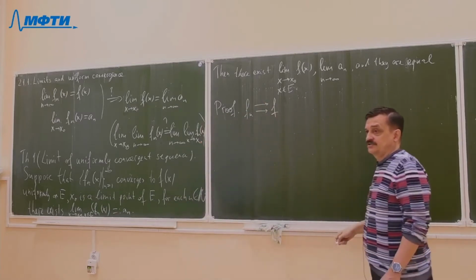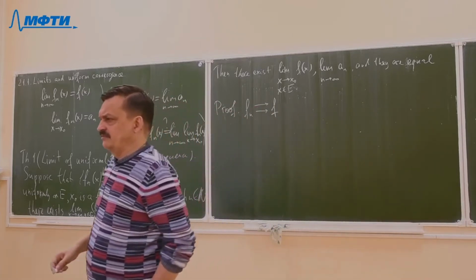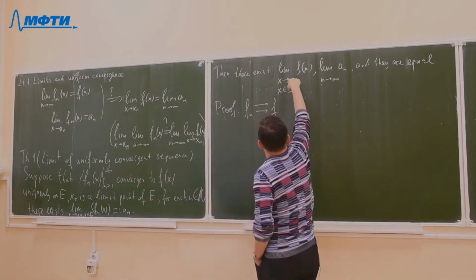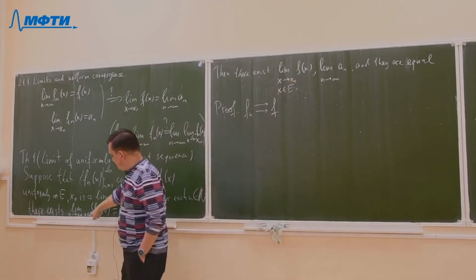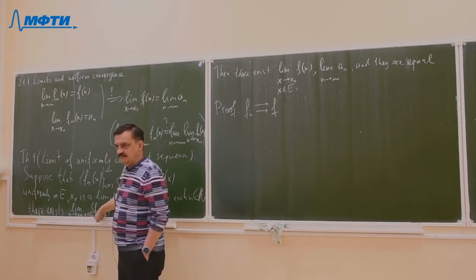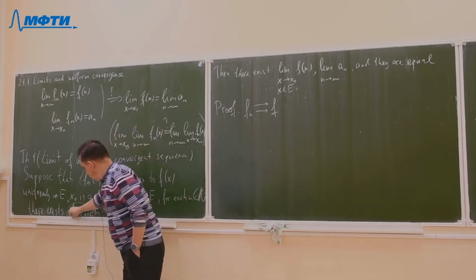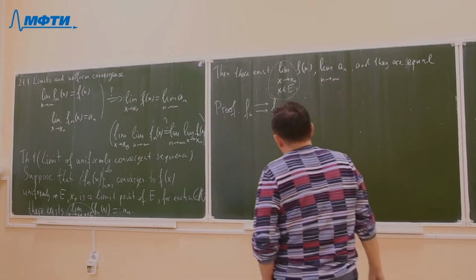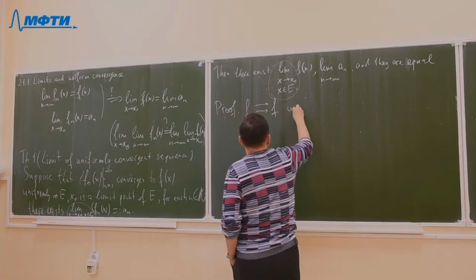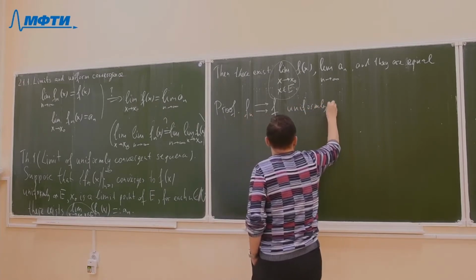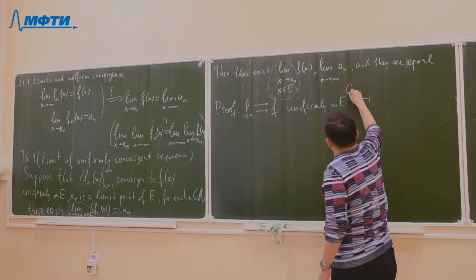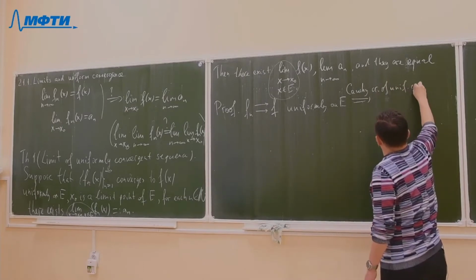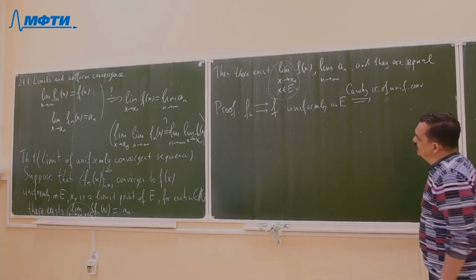So f_n converges to f uniformly on E. Then by the Cauchy criterion of uniform convergence, what can we deduce?